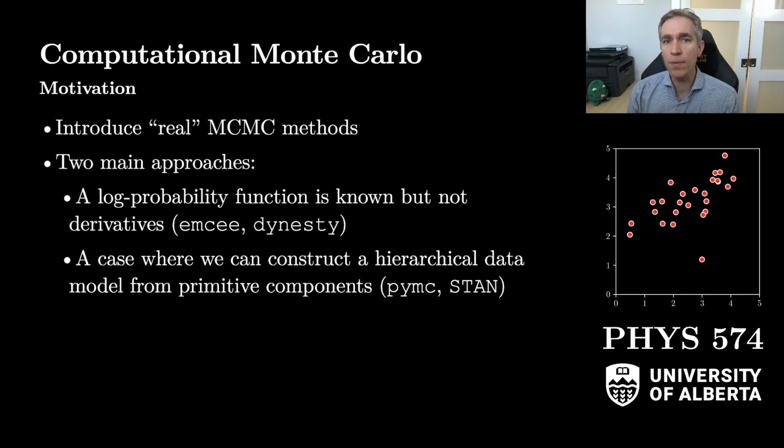But this is closely related to the industry standard in MCMC and Bayesian methods, which is a package called Stan. That's non-Pythonic. It has some wrappers to it, but PyMC at least gives us an introduction to the framework of how to think about these things. And they're two different approaches.